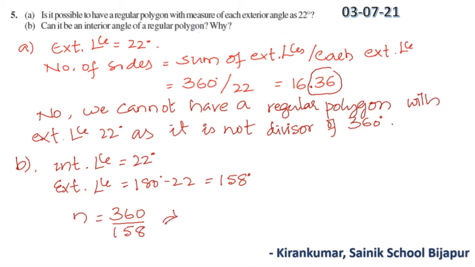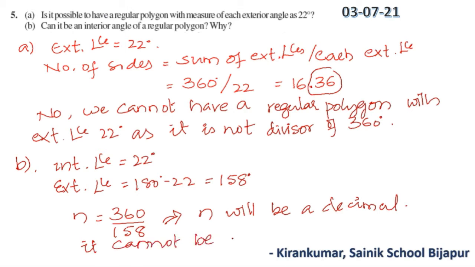Again, n will be a decimal because it is not an exact divisor. Therefore, I can say that it cannot be an interior angle.